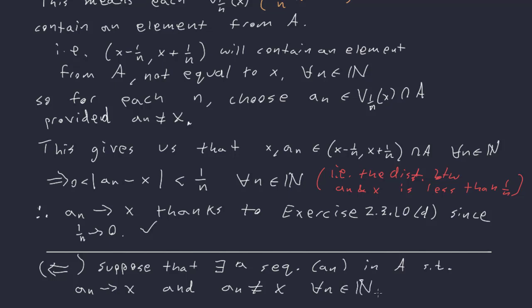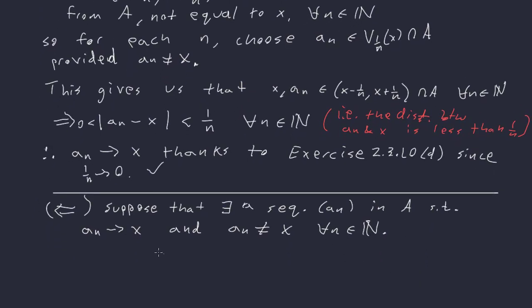So now we're just supposing that there is a sequence in A where a_n converges to x and each a_n is actually not equal to x for all n in the naturals. Right? Now we want to show that x is a limit point, and here, just to reduce the confusion, or a cluster point of A.